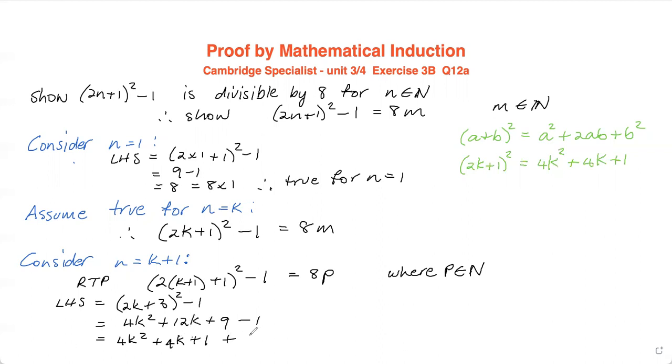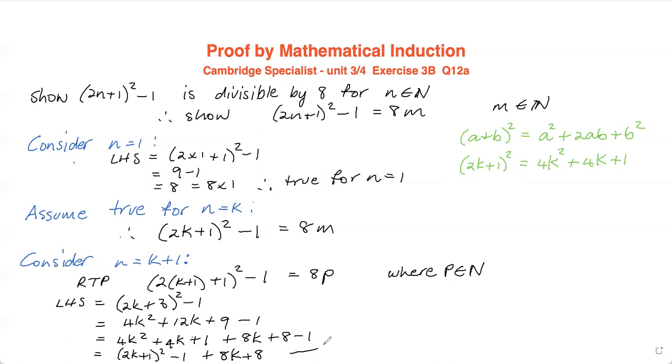So I've still got 8k there, and I've got 8 out of here, and I've got that minus 1 still at the end. Now here we've got 4k² plus 4k plus 1, so I can write that as (2k+1)². Then I'm going to write that minus 1 next, and then plus 8k plus 8.